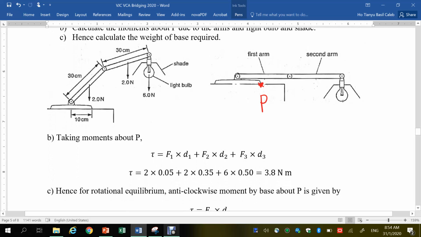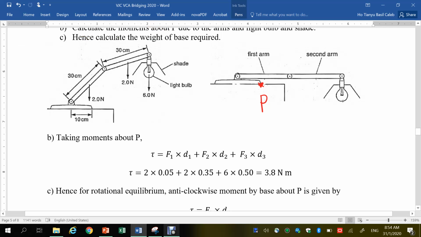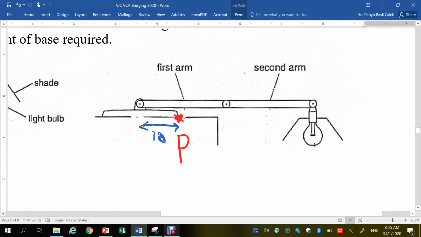So taking moments about P, all right, let's find the distance, right? So here is a geometry problem. This is 10 cm. All right, let's zoom in maybe to make our life easier. This 10 cm. The arm is 30 cm.